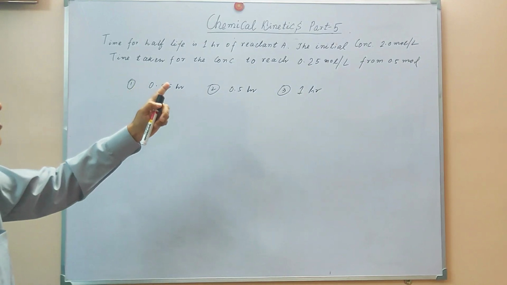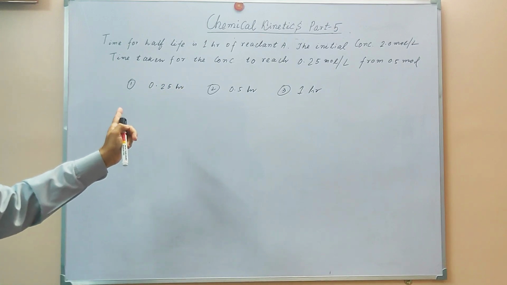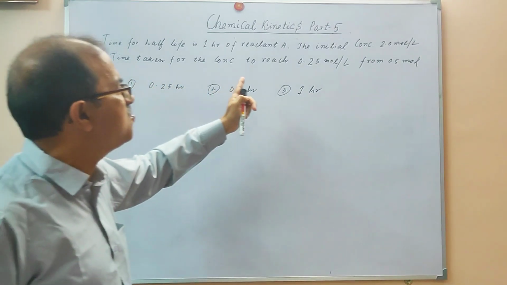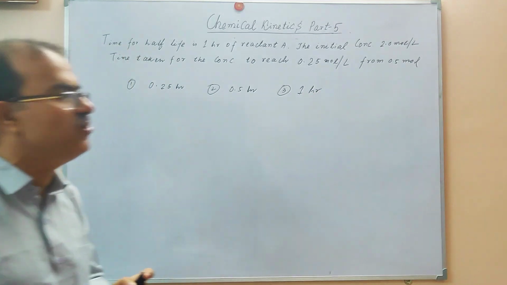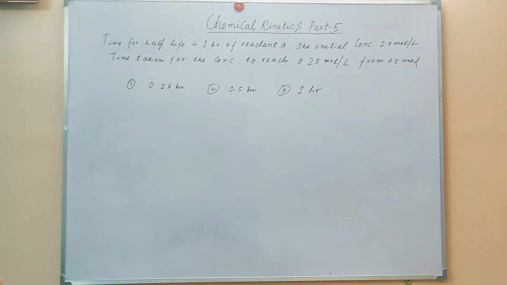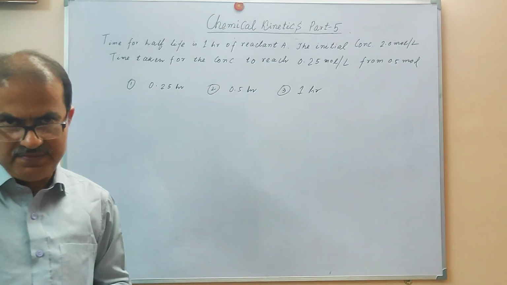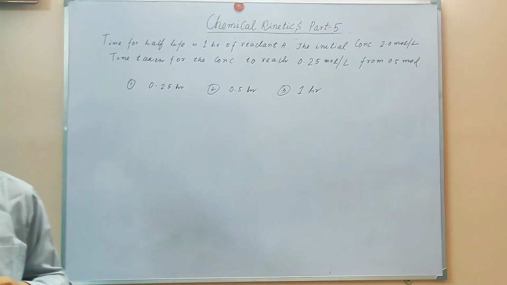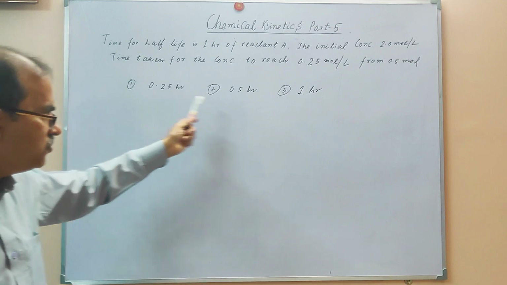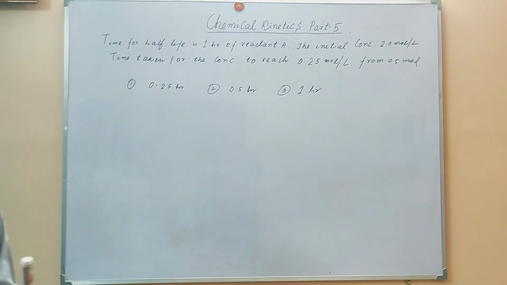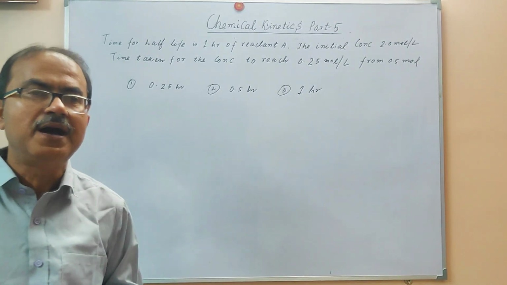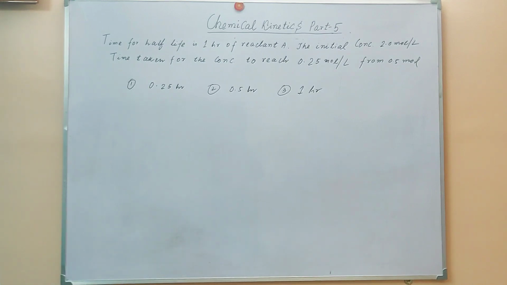You have to calculate the time taken for the concentration to reach 0.5 mole per liter, and the options are given as 0.25 or 0.51. That you have to calculate. Among these three you will get the answer. You do it yourself, and I think that you are able to perform it.